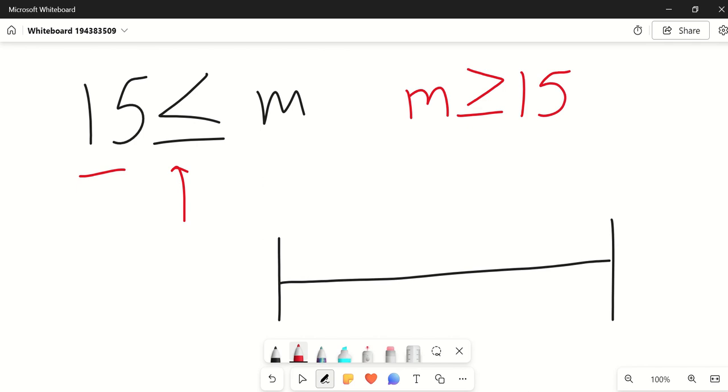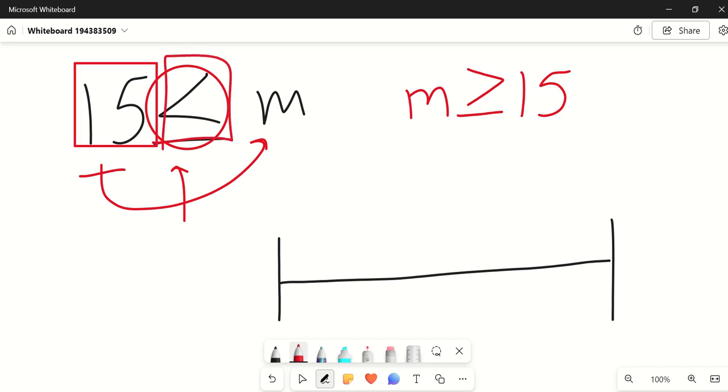Now you can graph it. This is why I did this. This is a trick question. You have to flip the whole thing. And notice, I don't just flip or trade 15 and M. This whole thing has to rotate as well. This is saying 15 is less than or equal to M, which means M is greater than or equal to 15.